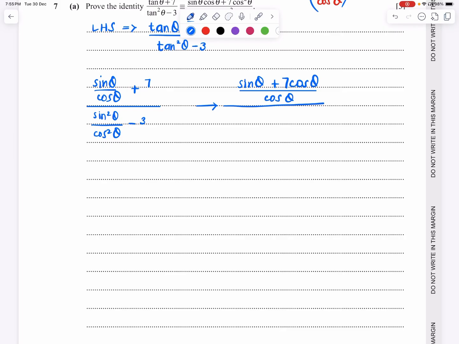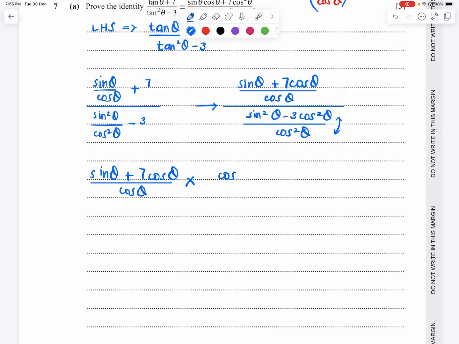divided by sine square theta minus 3 cos square theta divided by cos square theta. I can take the reciprocal, so basically this fraction flips: cos square theta divided by sine square theta minus 3 cos square theta.